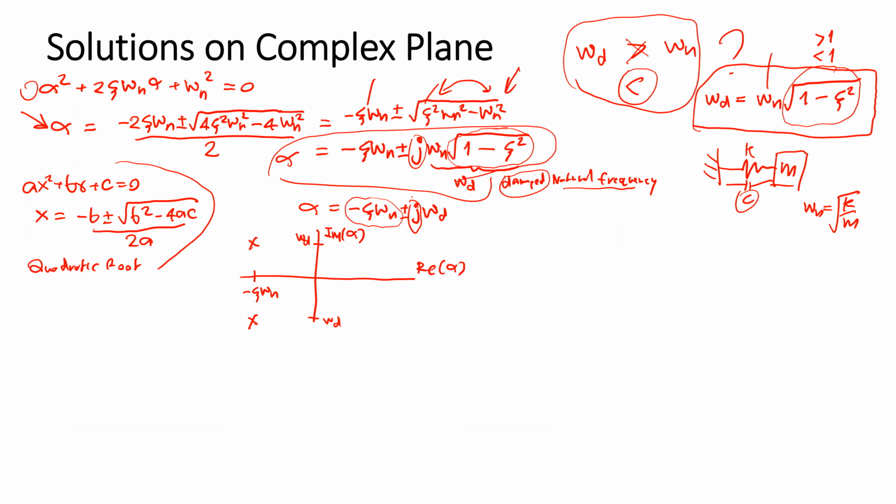And if you come back to the definition, omega d is equal to omega n multiplied by square root of 1 subtract the damping ratio squared.